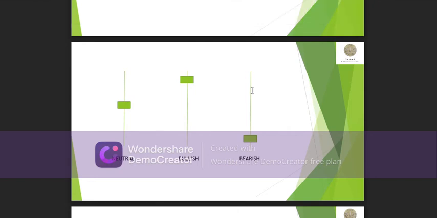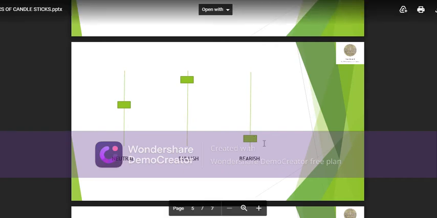They pushed the buyers back and drove the price to the lowest point. Once again, the buyers came in, but not as strong as the sellers. They tried to manage just above the open price of the stock, so that it still remains green. But the underlying concept here is that the sellers are very strong.